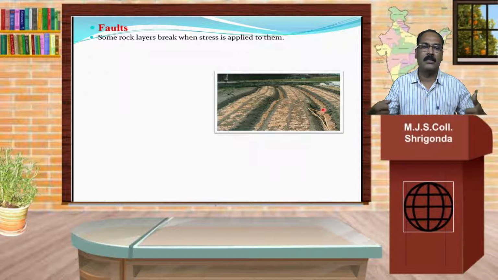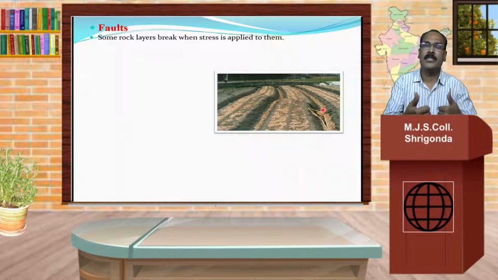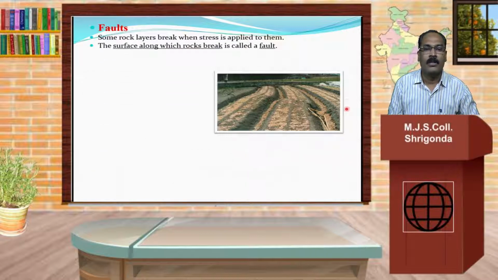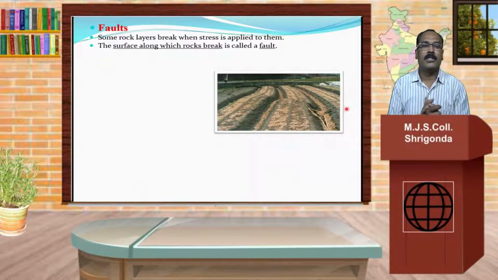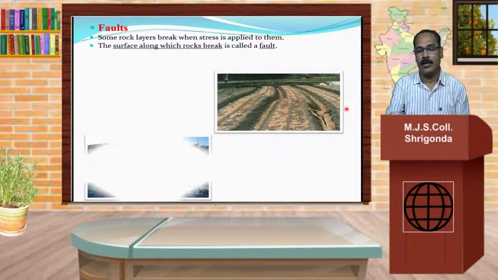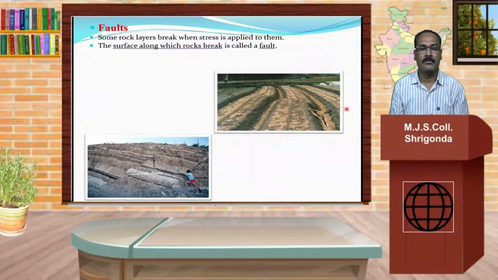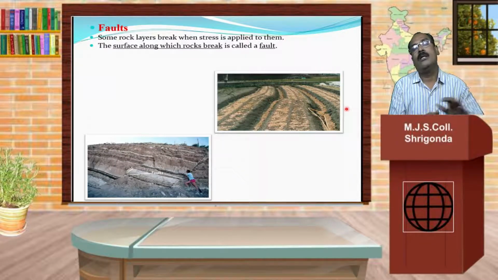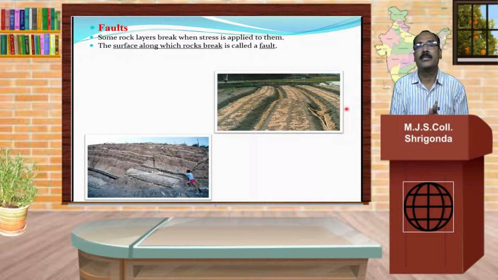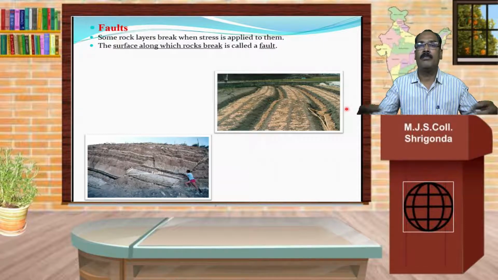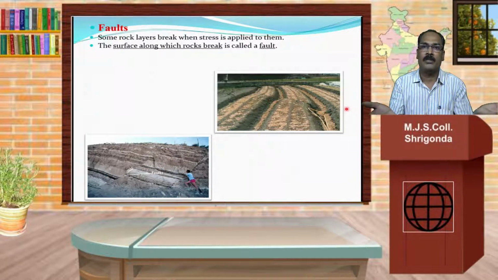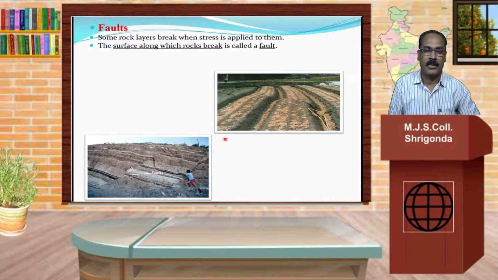When the rocks crack, the surface along which the rocks break is called a fault. Here are the parallel cracks, and with the tensional force from one place to another, both parts diverge and they crack here.